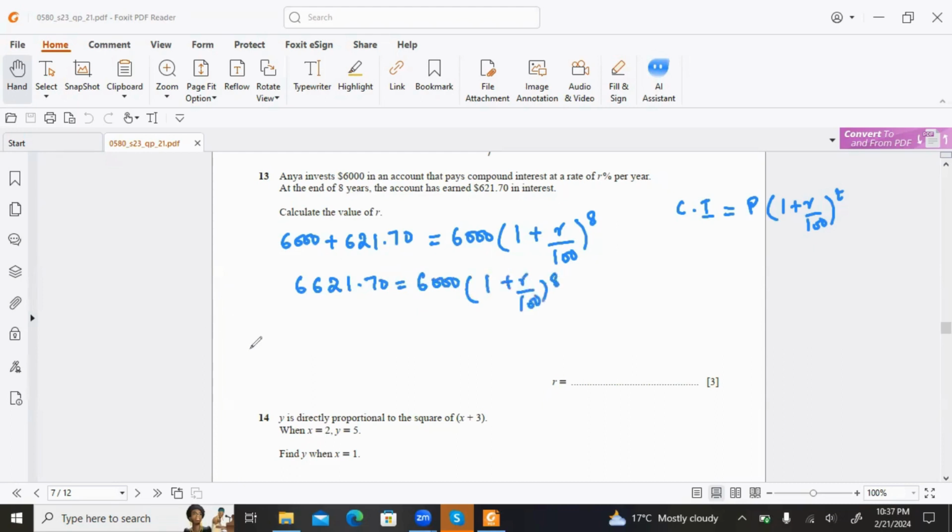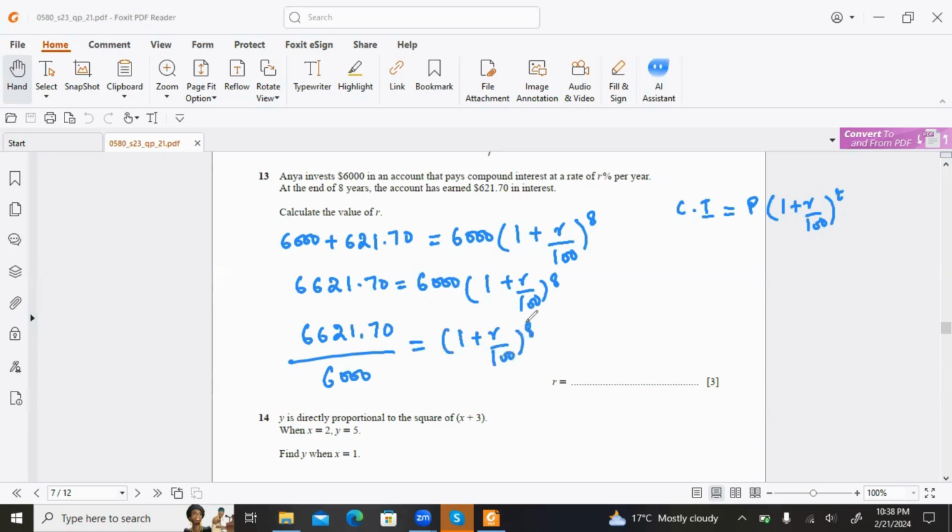So if we just rearrange it a bit, I'm going to do it step by step so that I don't get confused.